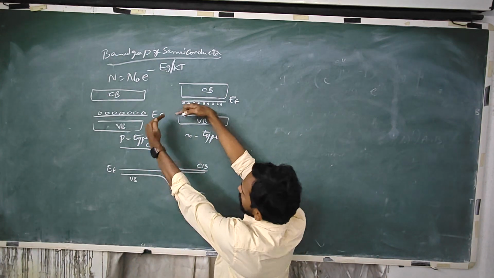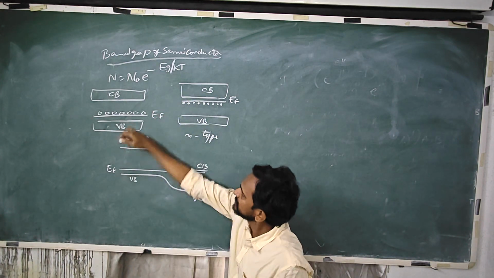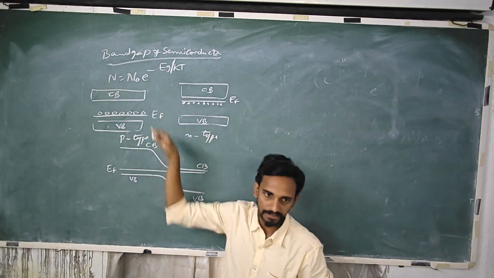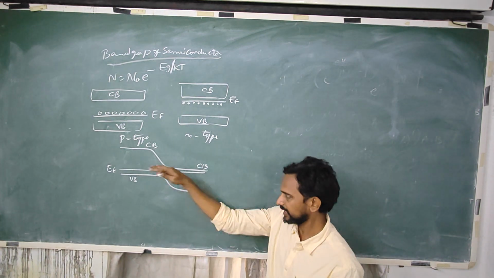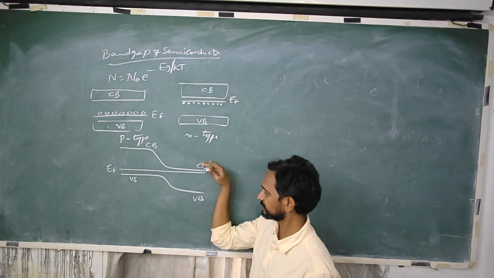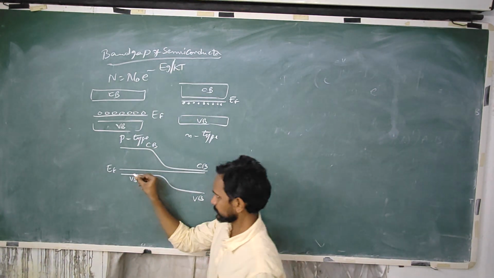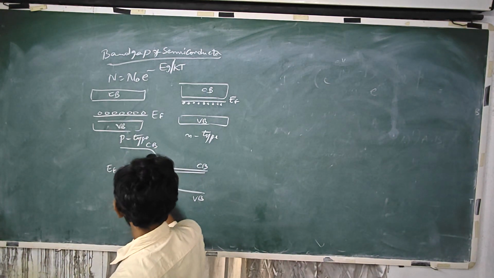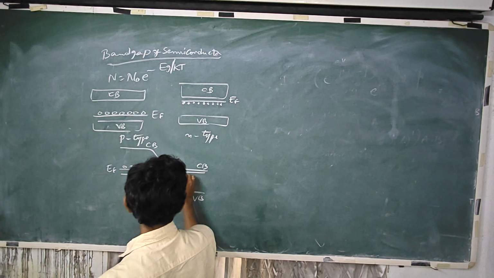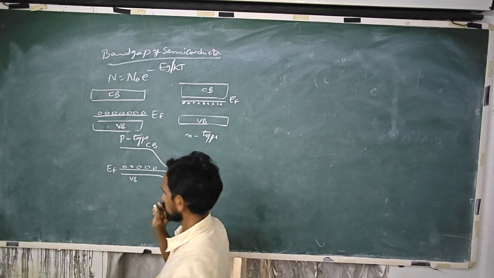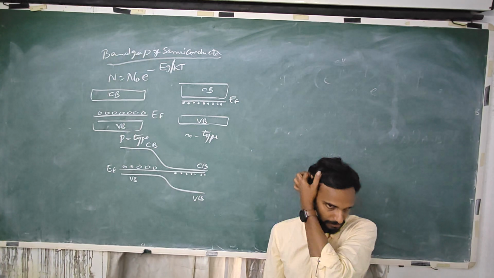Fermi levels will balance up and the valence band remains as it is, conduction band remains as it is. I mean, everything will shift up on p side and everything will shift down on n side. So this is a p-n junction. So here you will have holes and here electrons that are coming from the dopant element.